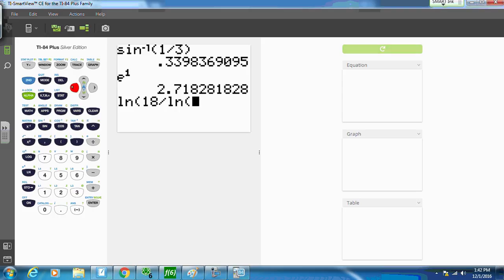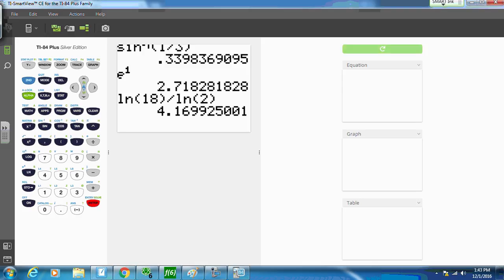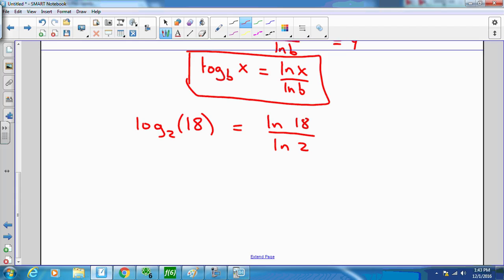Natural log of 18 divided by natural log of 2. What did I forget? Closing parenthesis. There we go. I get 4.1699.